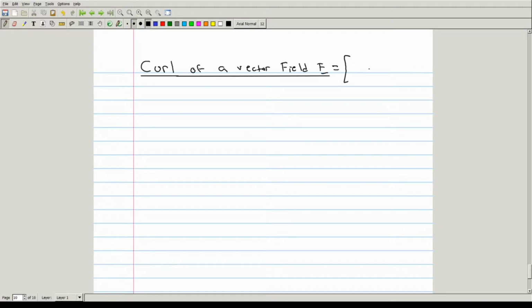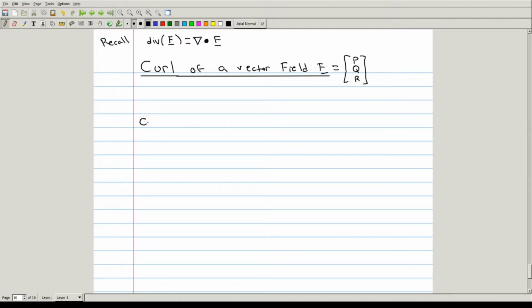Recall that the divergence of f is equal to this dot product, the del operator with the vector field f. So it's natural to consider what happens when we replace this dot product with a cross product.